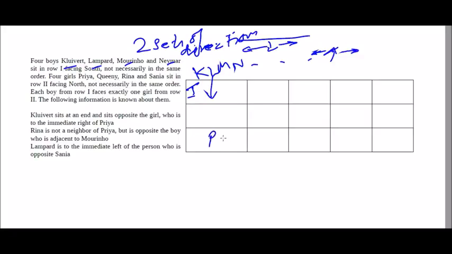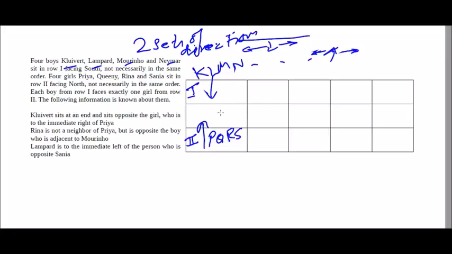So you have P, Q, R and S. They sit in row 2 facing north. Okay, so this is north. Each boy in row 1 faces exactly one girl from row 2. The following information is known about them.